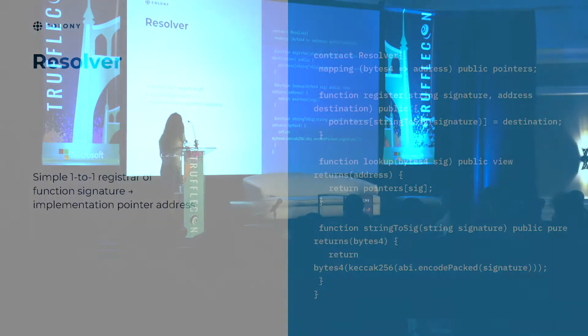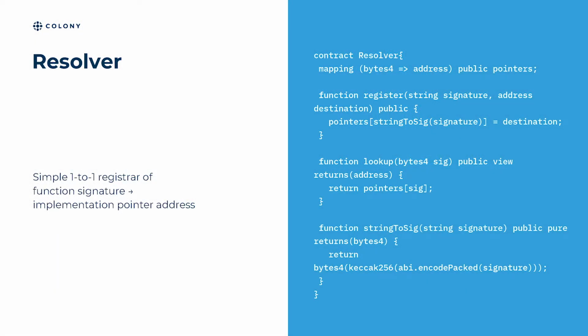The resolver, which is the next part in that diagram, is also a really simple but powerful contract. It acts as basically a mapping, a registrar of function signatures, which are the bytes key in that mapping, to an implementation address. And the two functions at the top are reading and writing from that.